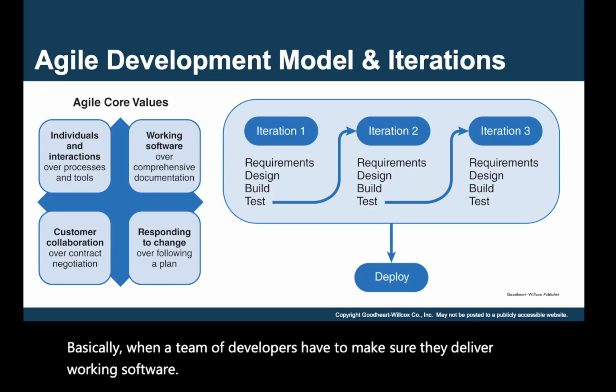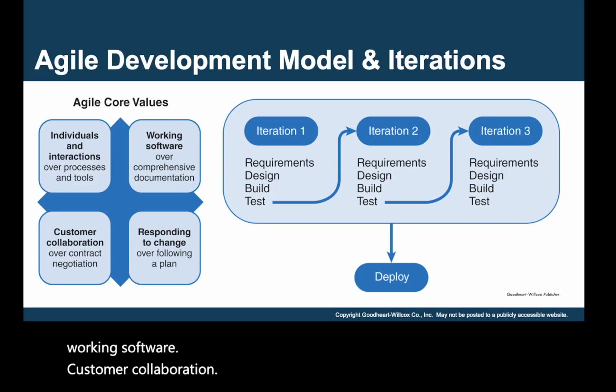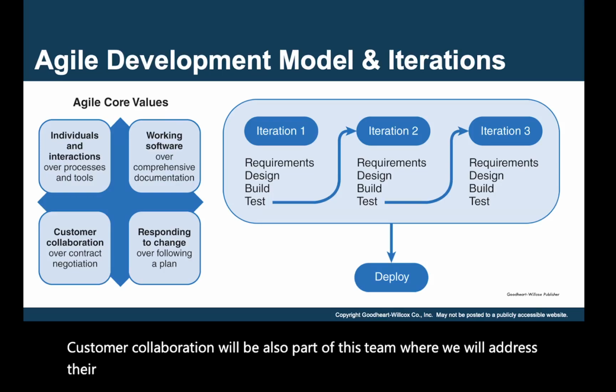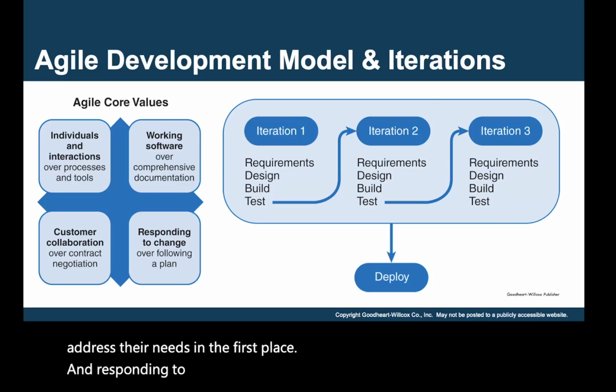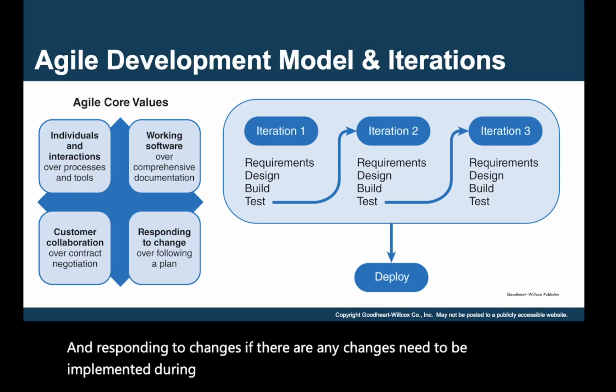Customer collaboration. Customer collaboration will also be part of this team, where we will address their needs in the first place. And responding to change: if there are any changes that need to be implemented during the process of developing software, they will be addressed almost immediately.